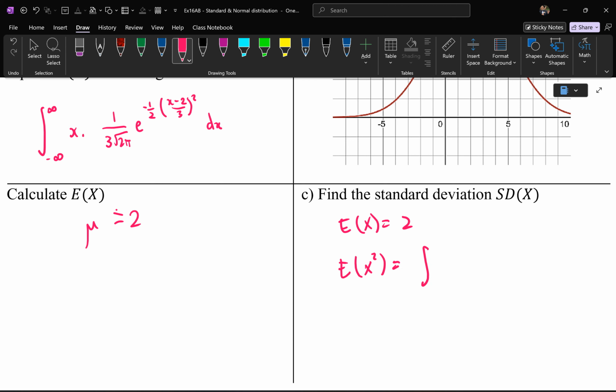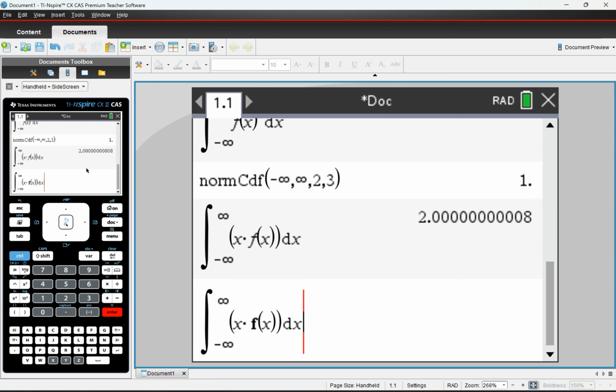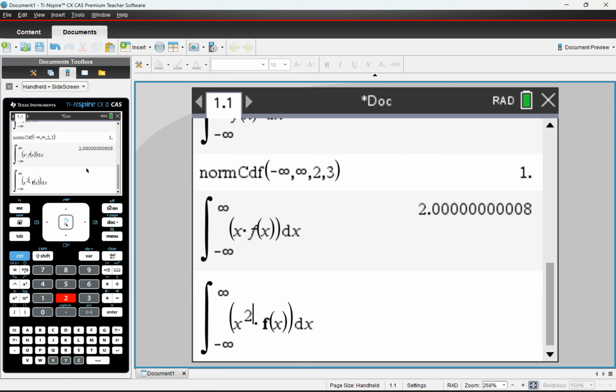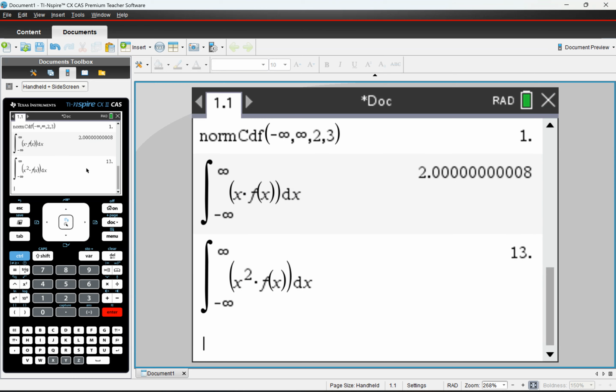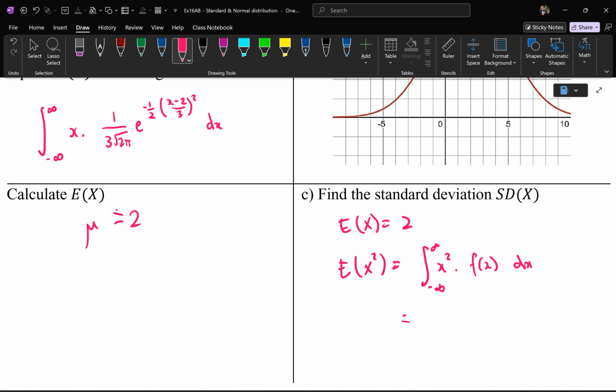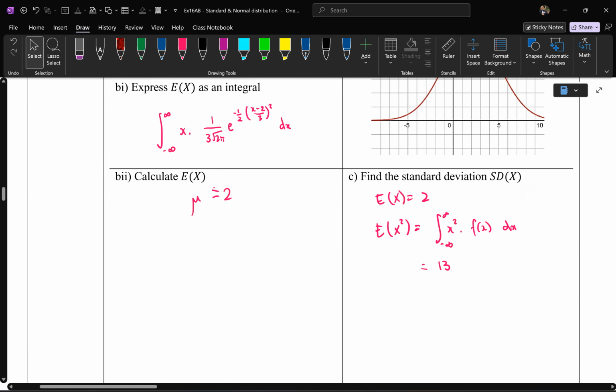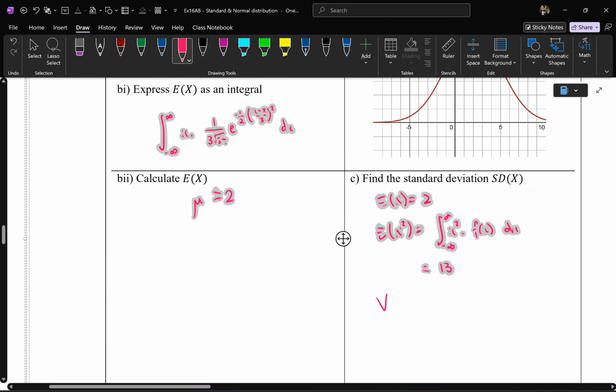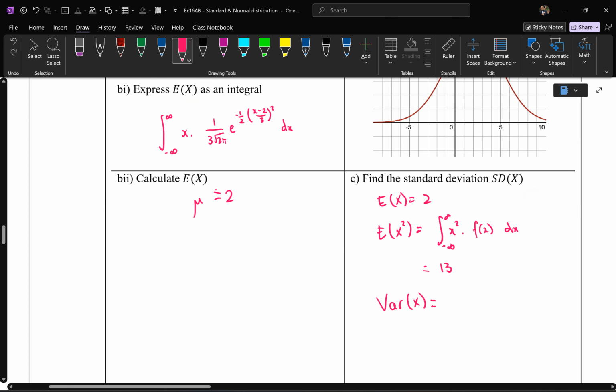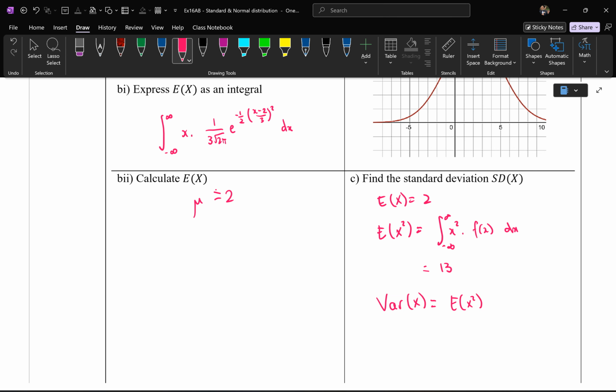Yeah, so it was just the same thing. It would be x squared from negative infinity to infinity times f of x. So let's try that. Here we go. E of x squared gives you 13. Beautiful. And if that's 13, putting it together, variance of x is equal to E of x squared, take away the mean all squared.